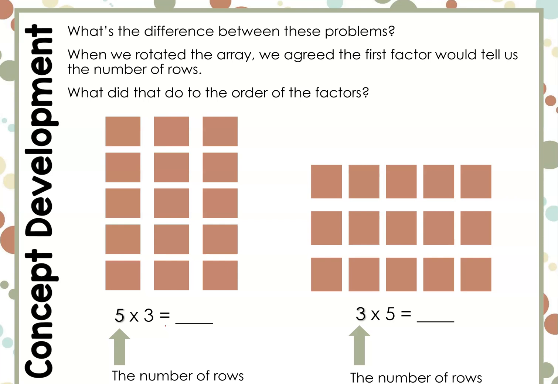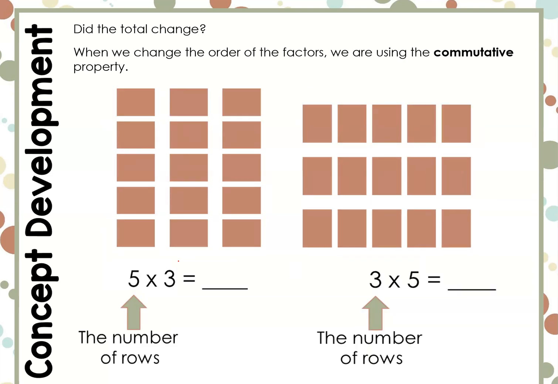When we rotated the array, the first factor would tell us the number of rows. So what did that do to the order of the factors? Okay, we changed the order of the factors. So the 5 changed to the 3 when we turned it on its side.